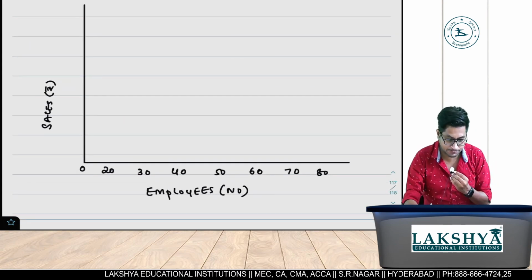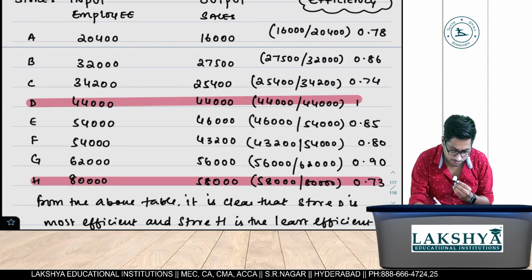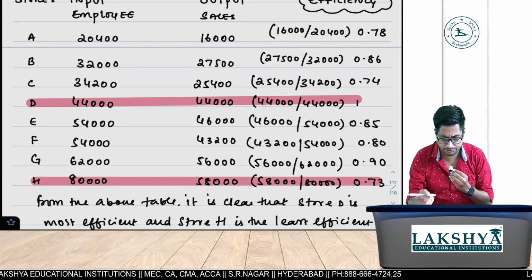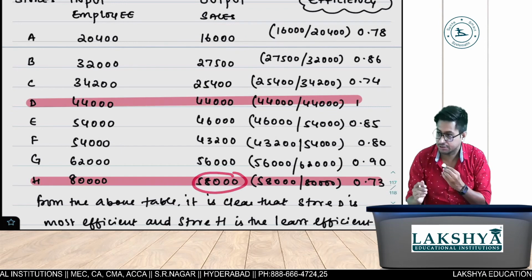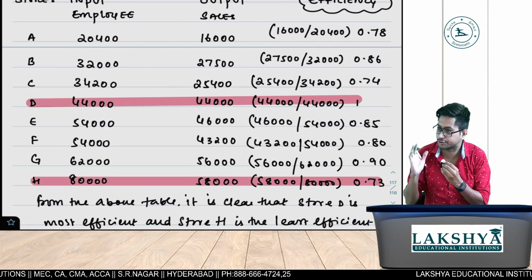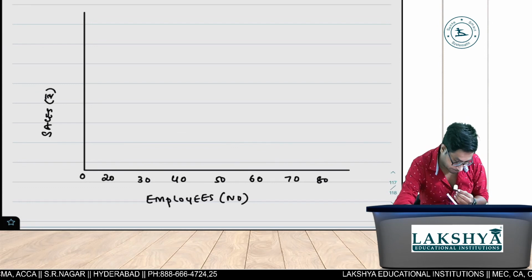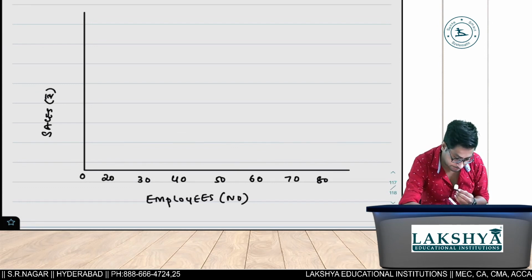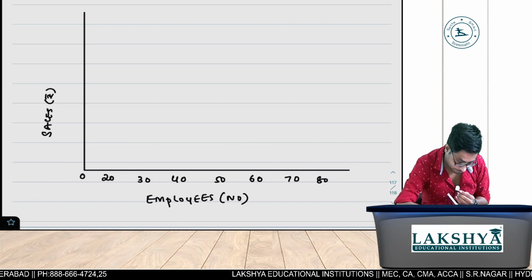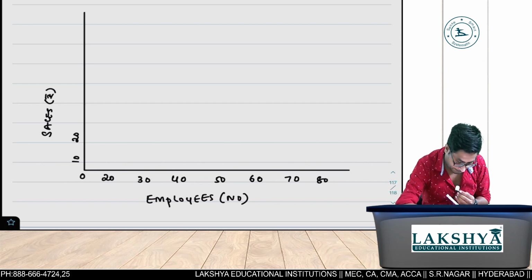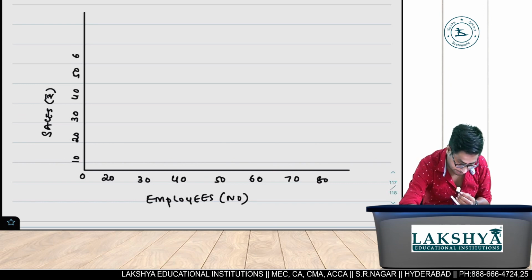And sales starts from, what is the starting point of sales? 16, right? So we will take 10,000. 10, and what is the last? 58, meaning 60. So 10, 20, 30, 40, 50, 60.